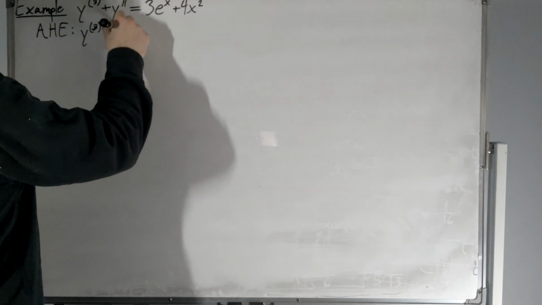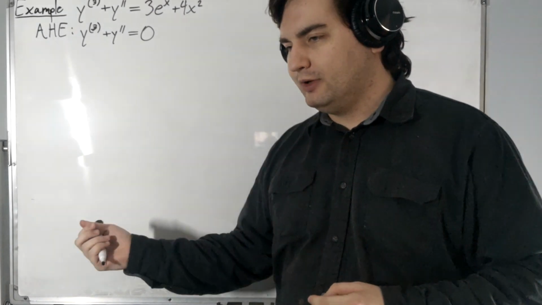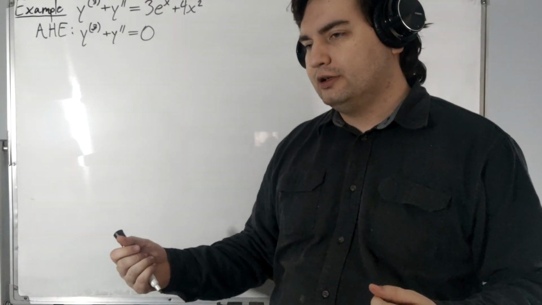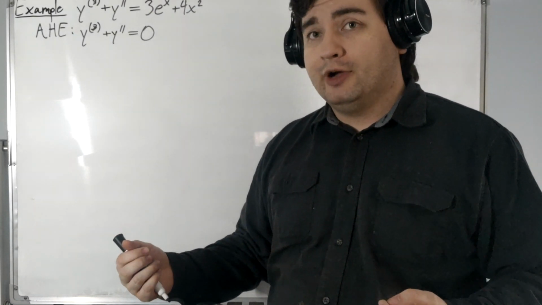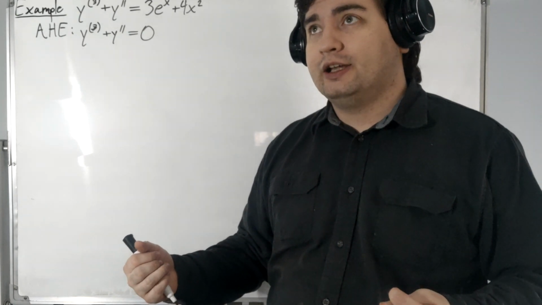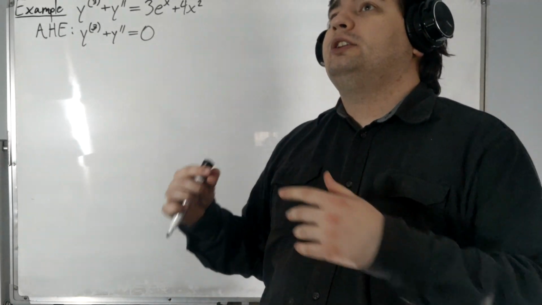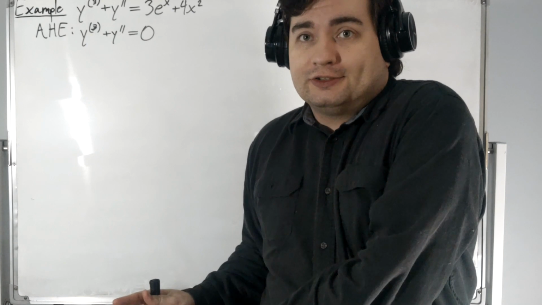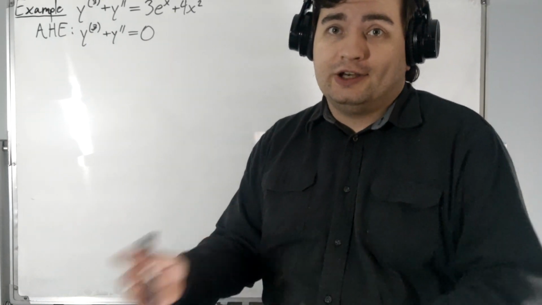By the way, some of you might be wondering, should we find the complementary family first or find the particular solution first? My answer to that is that you need to find the complementary family first because that tells you whether you have duplication or not.